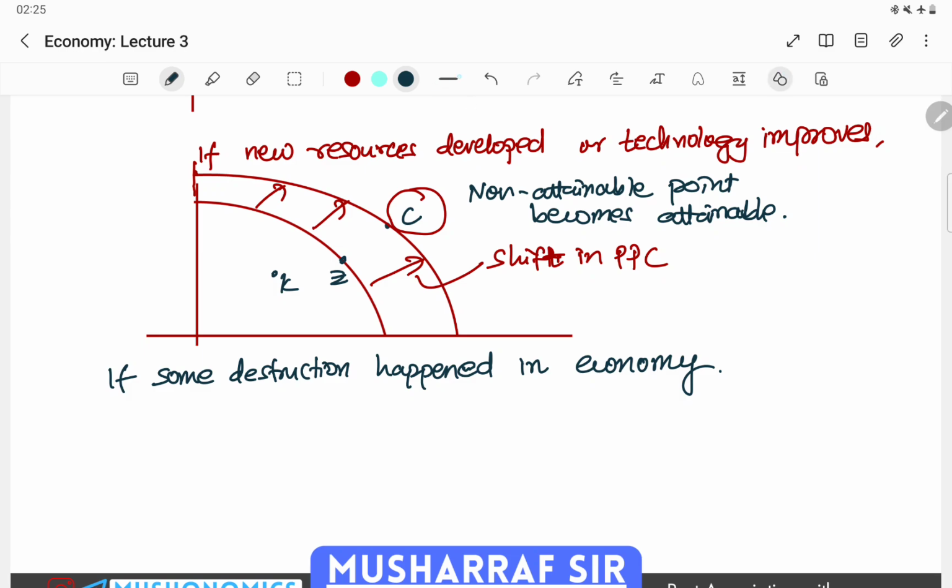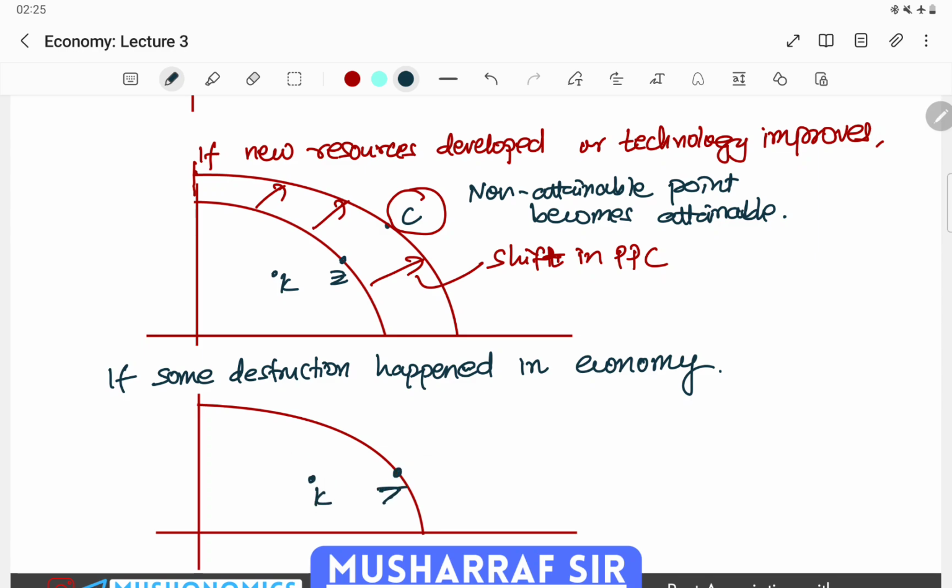Suppose earlier the curve was like this, where these points are like this, point K, point Z, and point C. Now what will happen is this curve will shift to this.